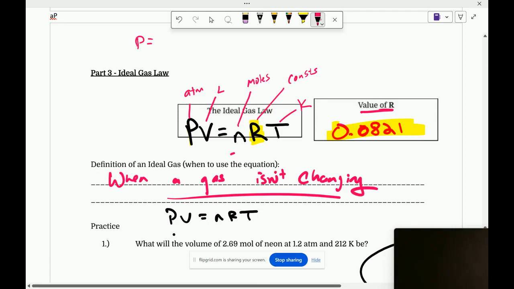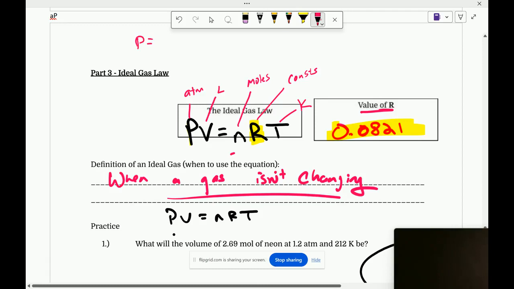So let's just start plugging stuff in. 14.1 moles times 0.0821, that's R, at 3.4 atmospheres times 155 liters.